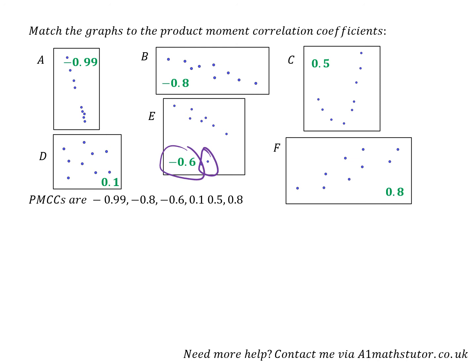So it's always good to draw a scatter graph before confirming the correlation by calculating the PMCC. Similarly with this graph here, just because we get a correlation coefficient of 0.5 doesn't mean that a linear graph is the best model. So there we are, that's the answer to that question.